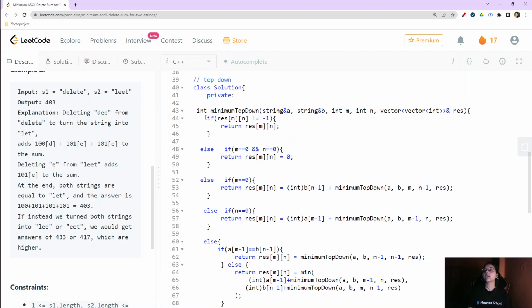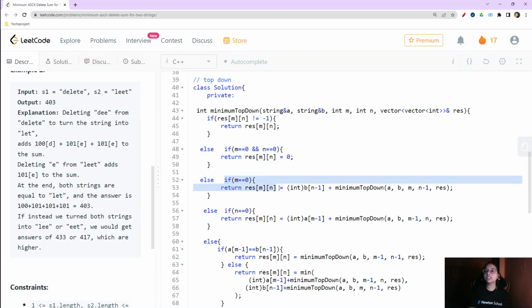So here at first we are checking if there is something in our vector, and if there is, we will directly return from here. And if we reach a base case where both of them are equal to 0, then we will assign 0 at that particular position.